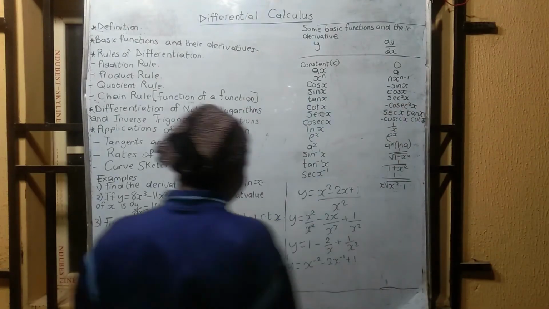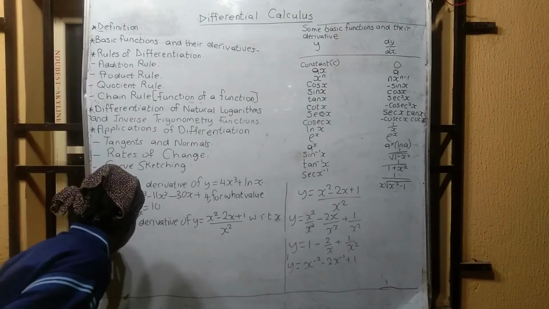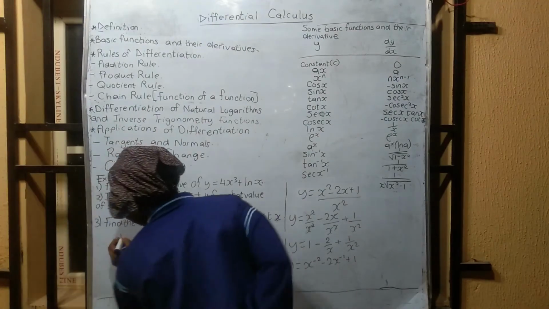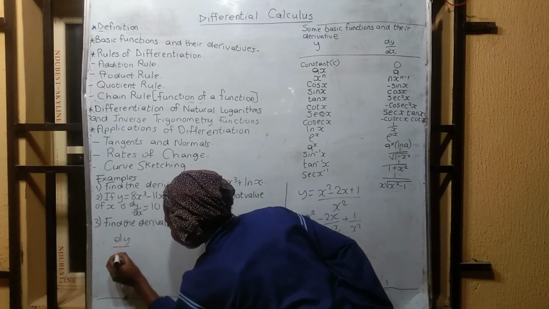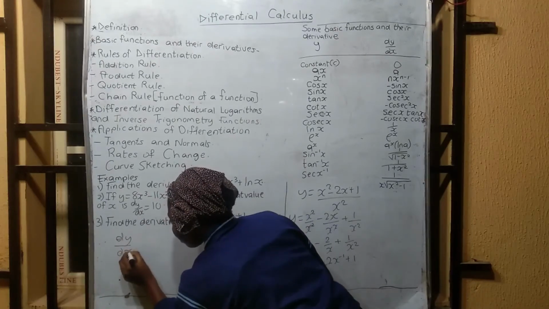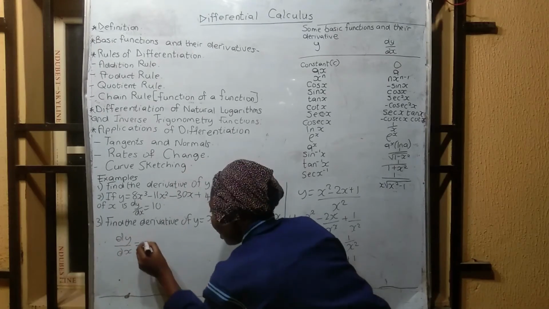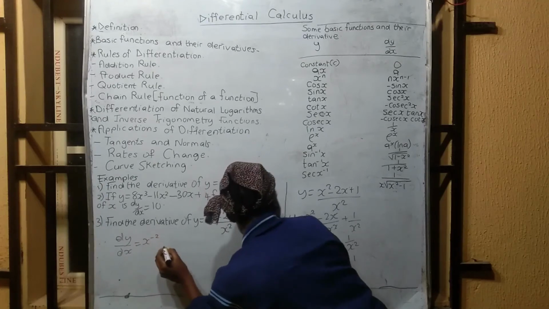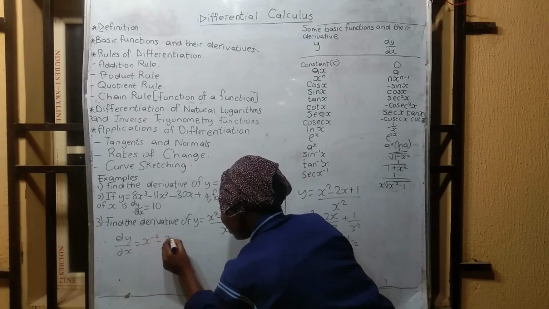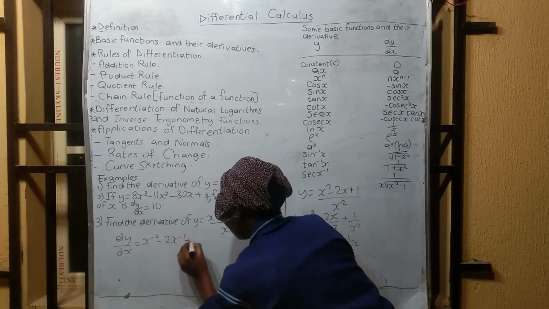To find the derivative of y, we have dy/dx equals x raised to power minus 2, minus 2x raised to power minus 1, plus 1.